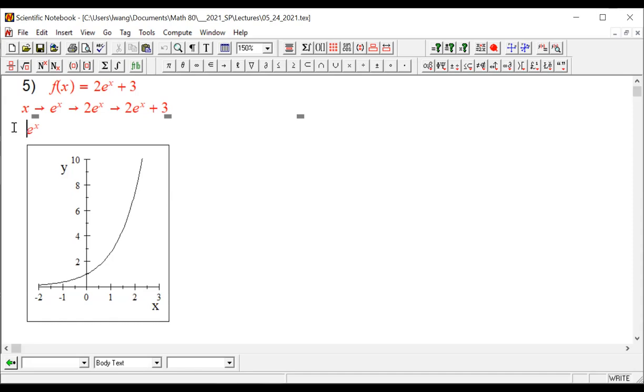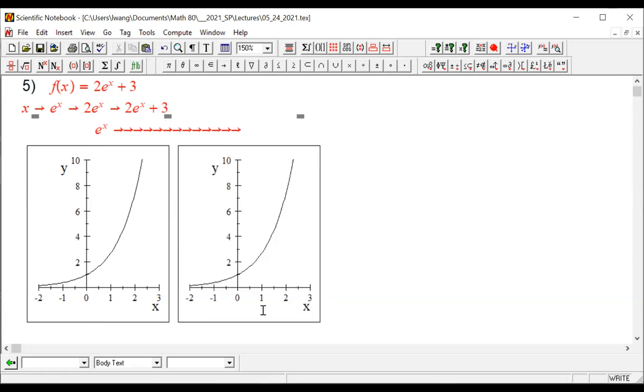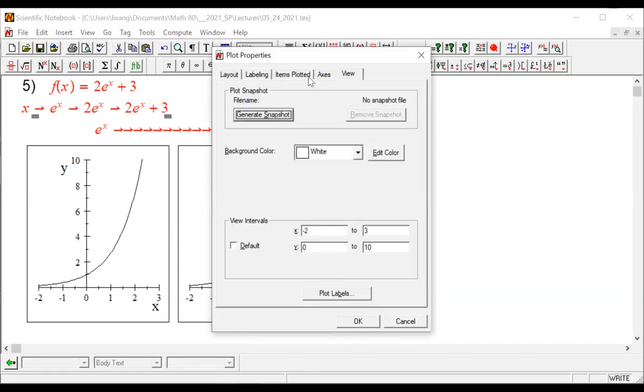And of course, from e to the power x, we will multiply by 2. Okay, so let's see what happens if we multiply by 2. Our anticipation is that for the same input, the output is going to be doubled, right? So that's going to make it taller or more narrow.